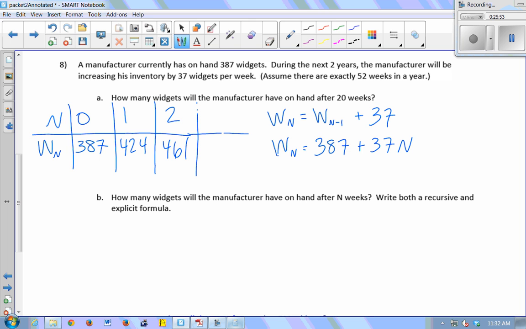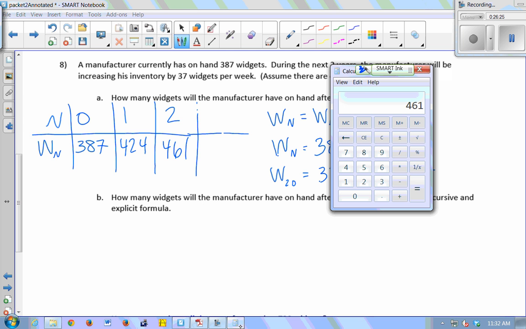All right, so how can I figure out how many widgets I'll have after 20 weeks? I could plug in 20 for n. I could just extend this table until I hit 20, but that is tedious. So I could also just figure out W sub 20, the 20th number in my list, would be 387 plus 37 times 20.